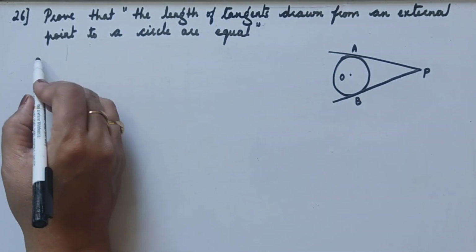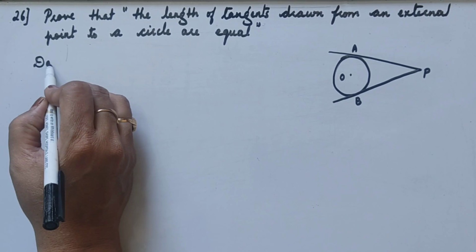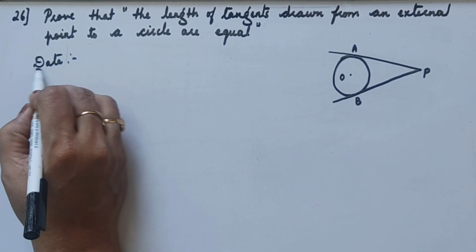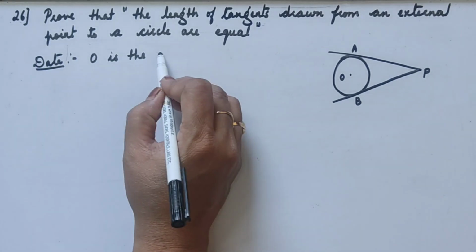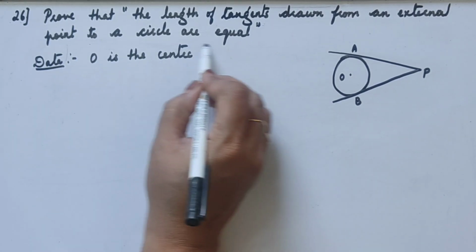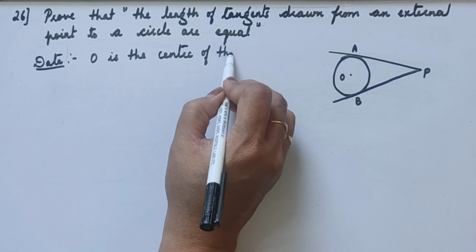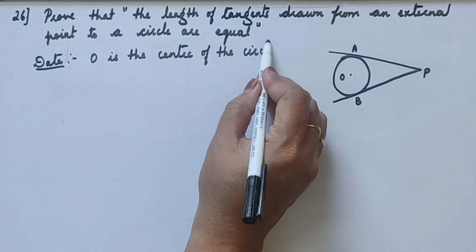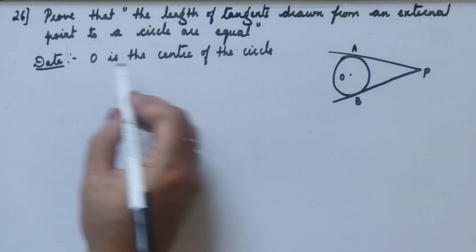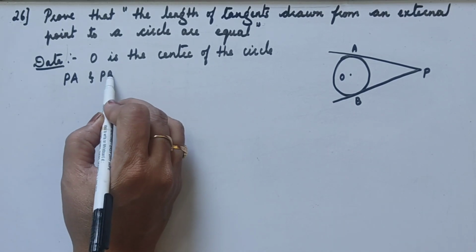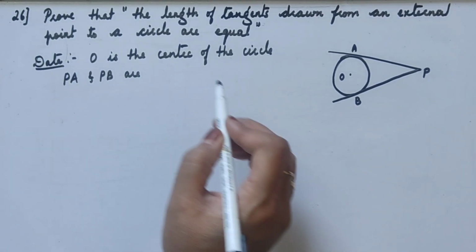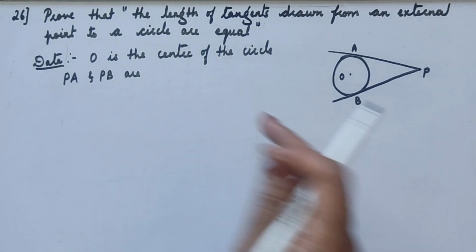Okay, so let me write the data. Data: O is the center of the circle. PA and PB are two tangents drawn to the circle from an external point.